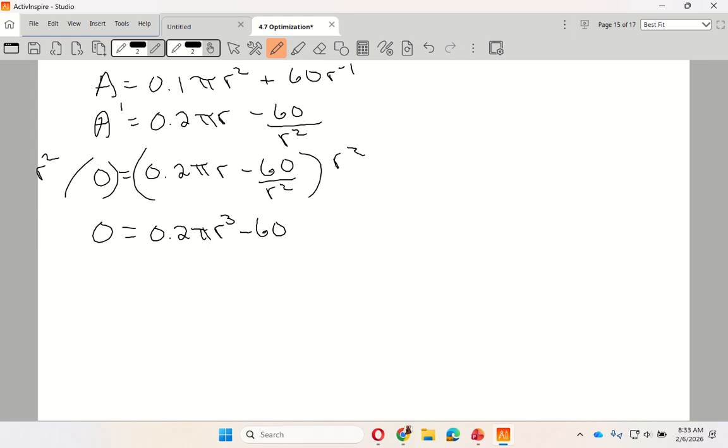From here, start moving things over to solve for r. The negative 60 goes over here. So 60 equals 0.2 pi r cubed, divide by 0.2 pi.